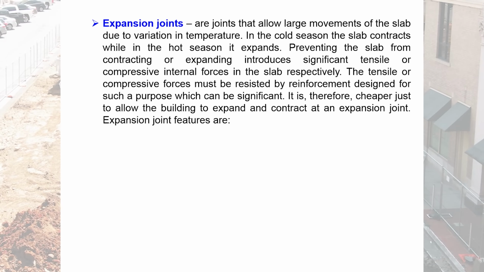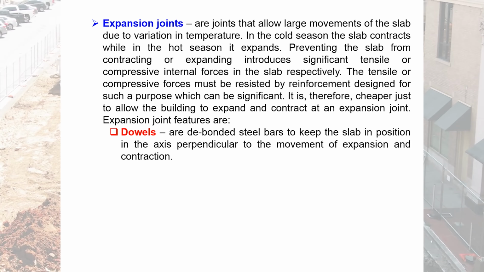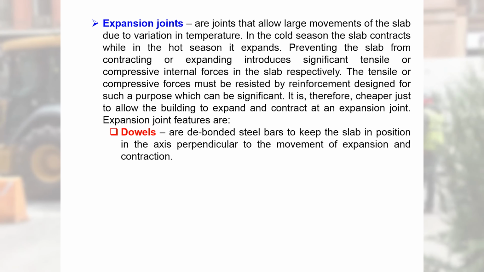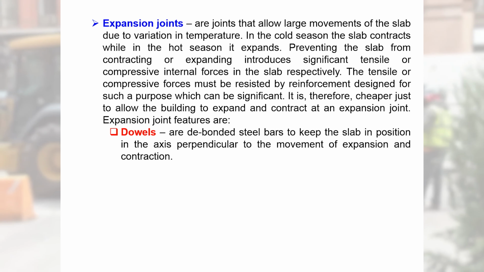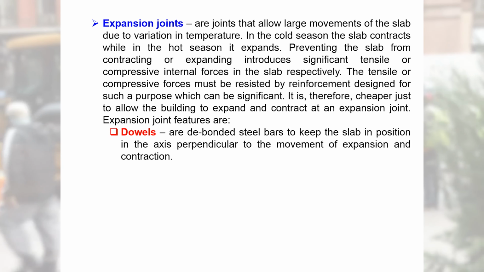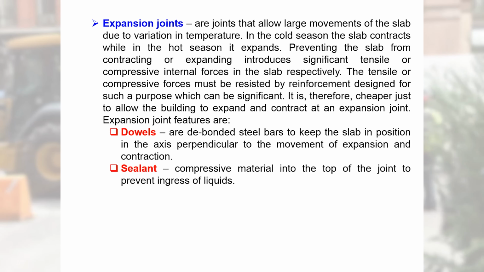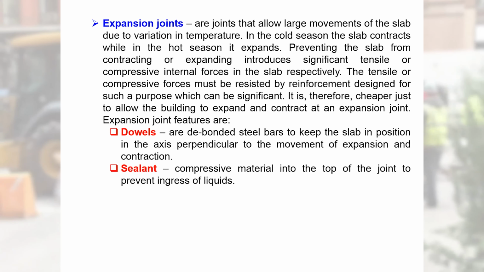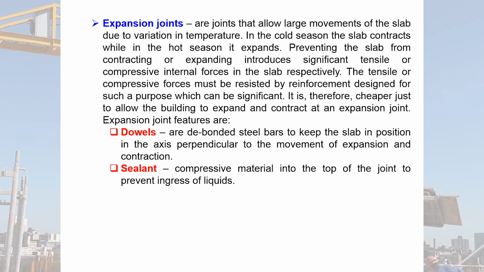Expansion joint features are dowels, which are debonded steel bars to keep the slab in position in the axis perpendicular to the movement of expansion and contraction. Sealant, which is a compressive material into the top of the joint to prevent ingress of liquids.